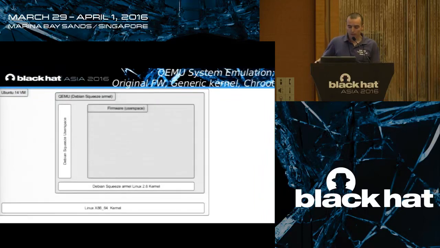What we do next is, as we mentioned, after the file system filtration or selection and preparation, we put it inside QEMU. That's why we call it the firmware user space versus the Debian user space. Then we use chroot.